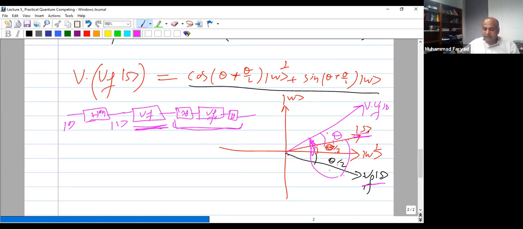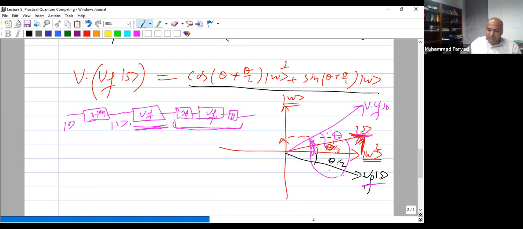But even more than that, we can have another way. When we started our search state, this S has some projection along W perpendicular and some projection along W. W is our solution, but S is mostly inclined towards W perpendicular. It means its component along W perpendicular is much more than its component along the W state.